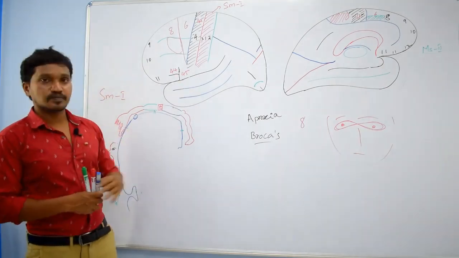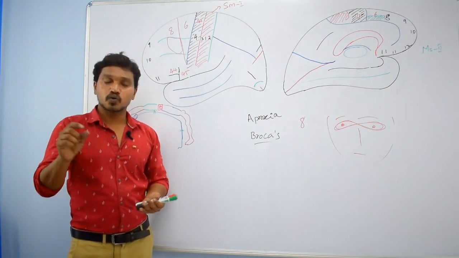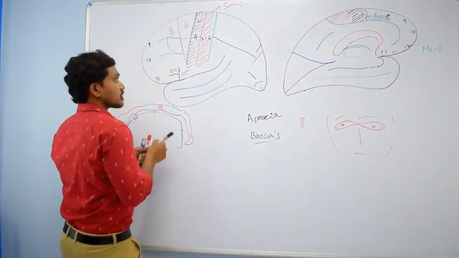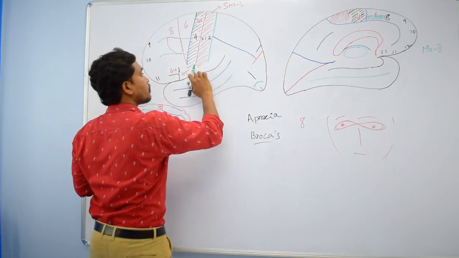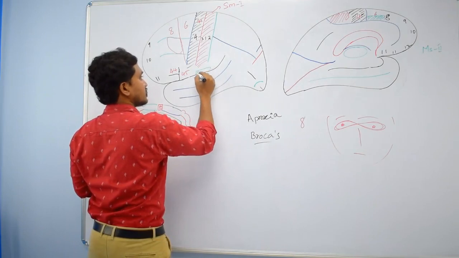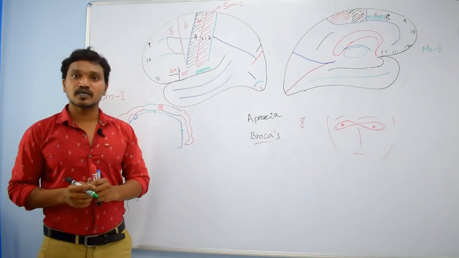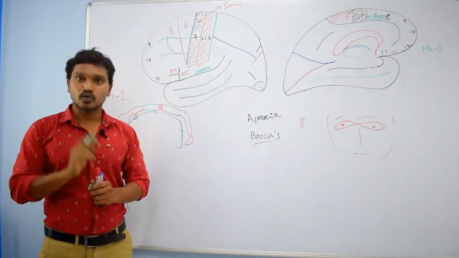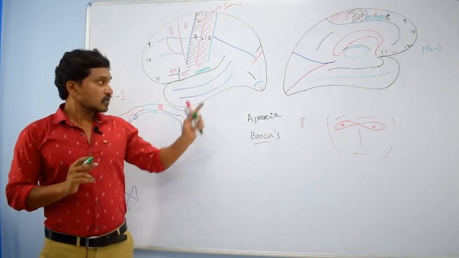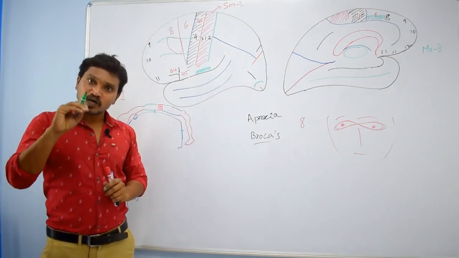Clear? Then we will see somesthetic area number 2. It is present in the upper margin of the posterior ramus of the lateral sulcus. That means somewhere here is somesthetic sensory area number 2. In this also some motor neurons are there.